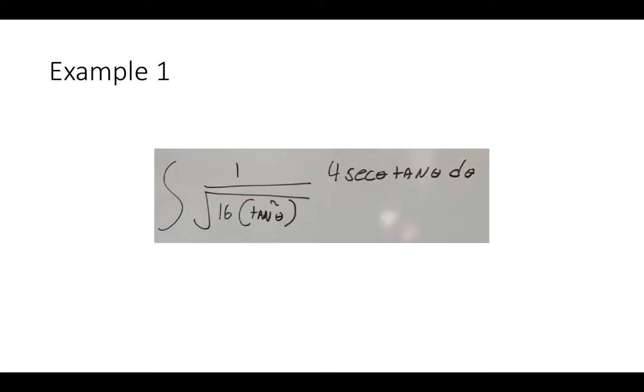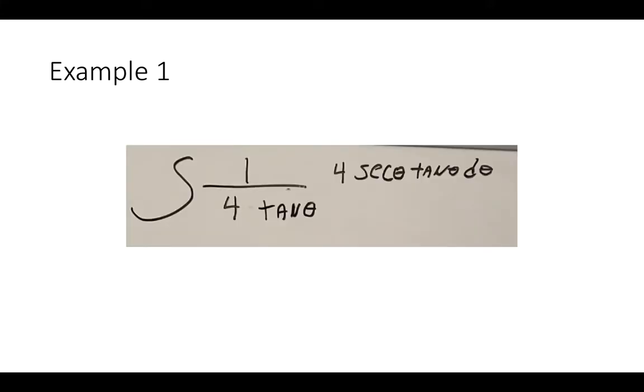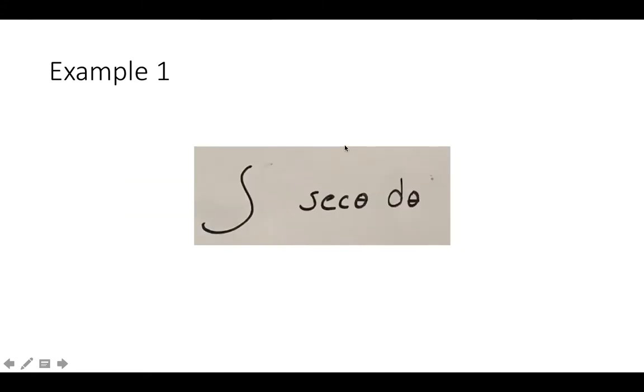Then I'm going to take the square root of whatever's in the square root, so I get 4 tan theta. Now I'm going to cross stuff out. I can cross the 4 out, I can cross the tan theta out, and now I'm only left with the integral of secant theta d theta.